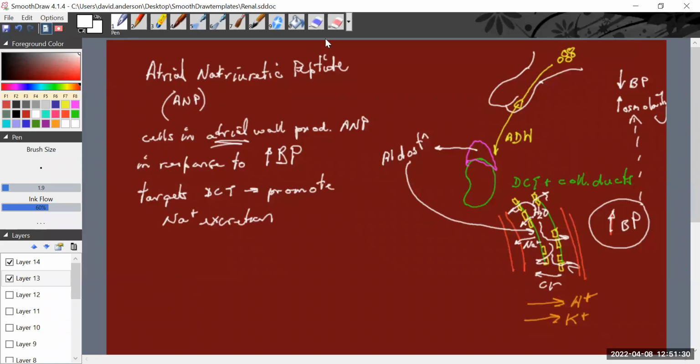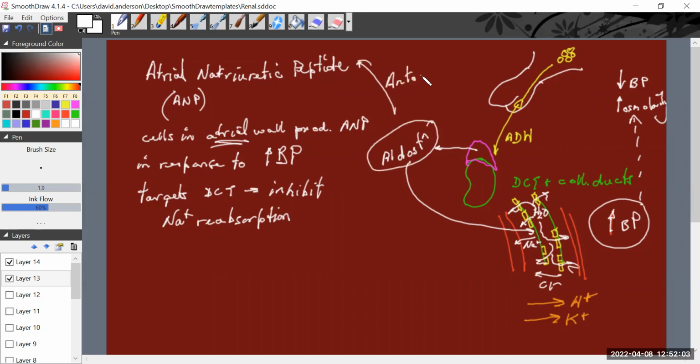Actually, a better way to do this is to... so this hormone is the antagonist to aldosterone. ANP and aldosterone work opposite.